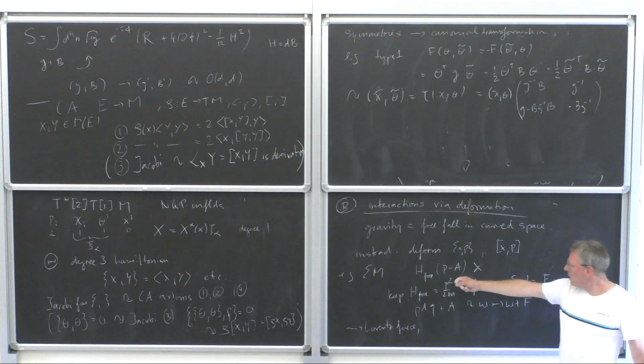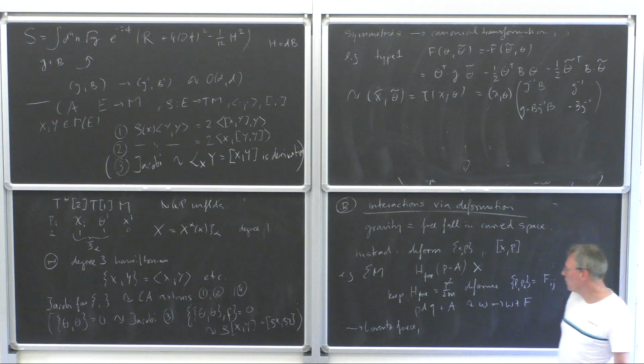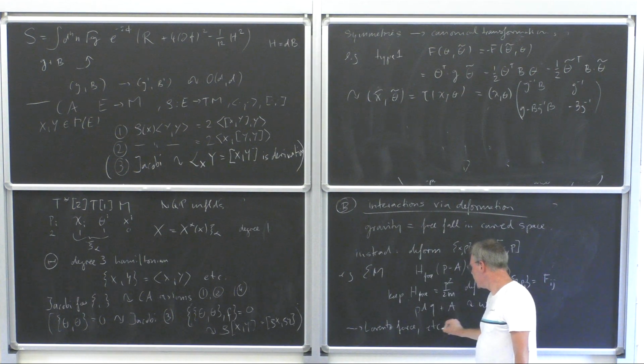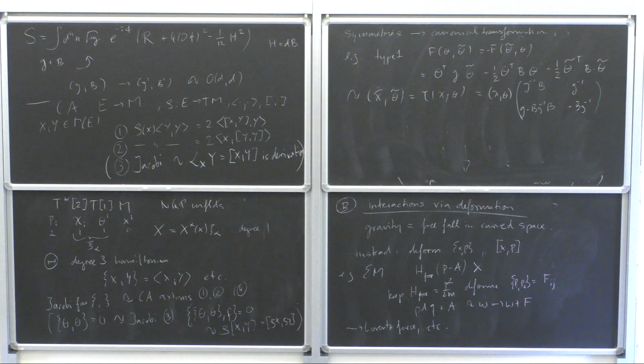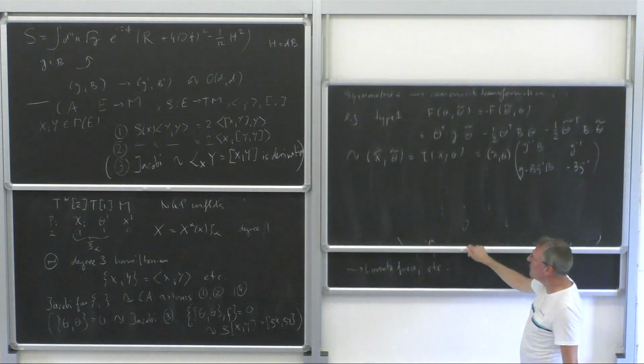And if instead of writing the usual p squared, you contract p with the sigma matrices, you even get the correct coupling to spin. So you get the electromagnetic forces this way. And now the question is, can we do the same thing for gravity?